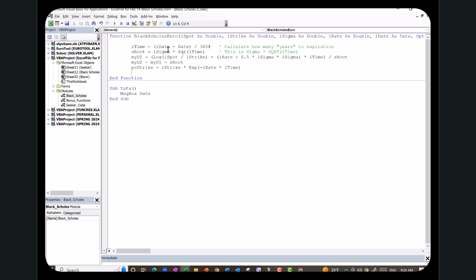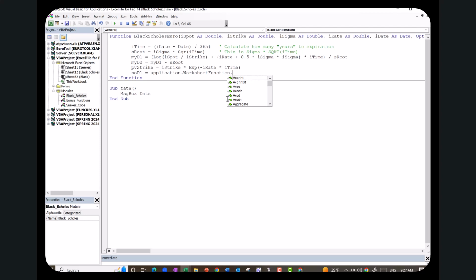And let's calculate. Okay. Now d1: Application.WorksheetFunction, because there is no built-in VBA function to calculate the probability under the left tail of a normal distribution.